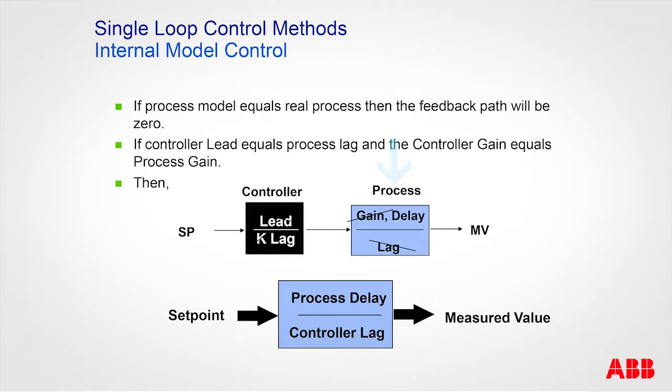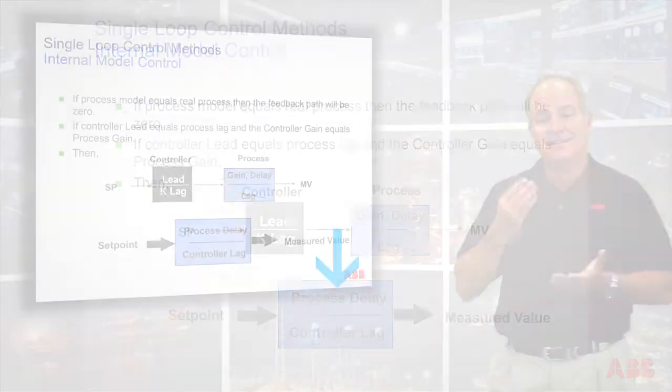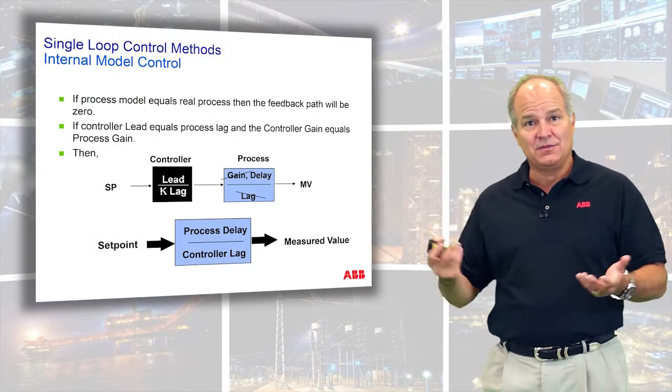So if we align the lead element of the controller with the lag element of the process, when these are multiplied together, they cancel. And if we take the gain element of the controller and the gain element of the process, we can cancel those. So what's left is a process delay and the lag of the controller, which is a first order response with dead time.